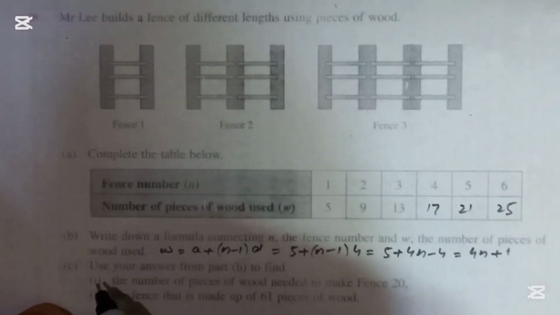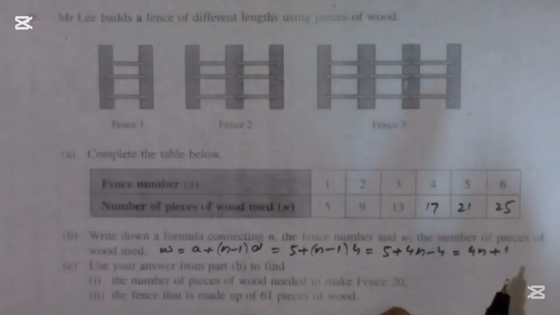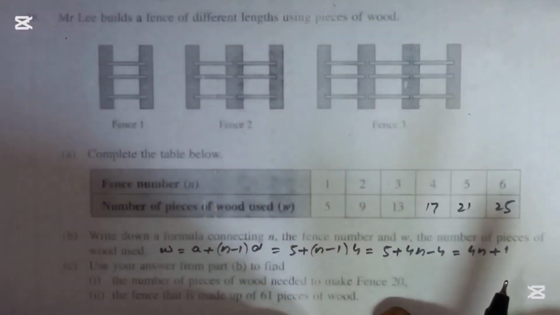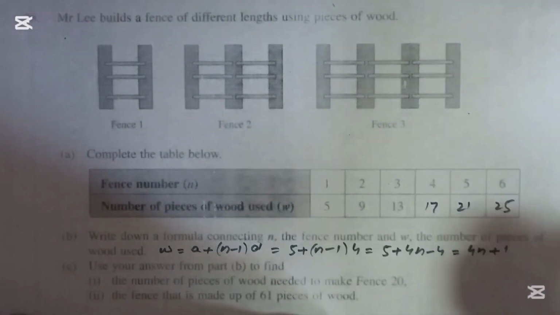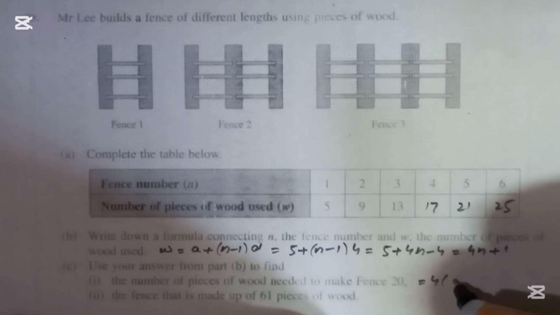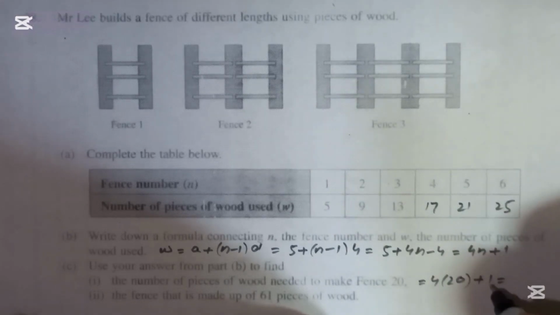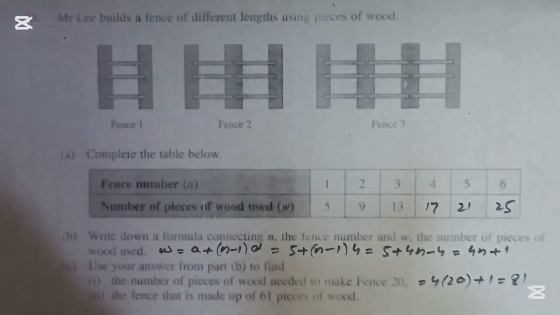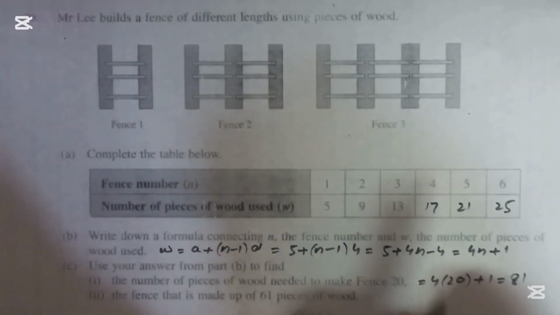The next requirement is to use your answer from part B to find the number of pieces of wood needed to make fence number 20. In this part we will put 20 in place of n. So 4 into 20 plus 1. 4 twenties are 80 plus 1, 81. So 81 is the answer. And the last requirement is the fence that is made up of 61 pieces of wood.